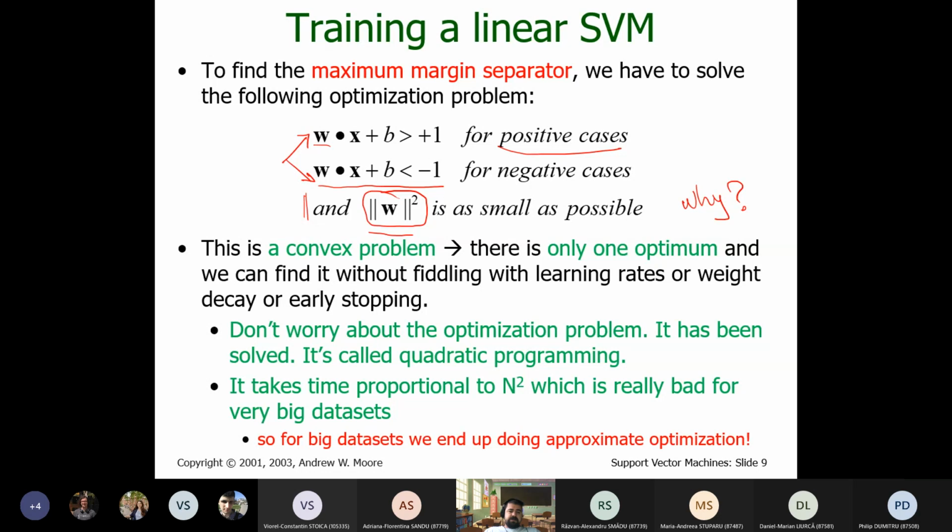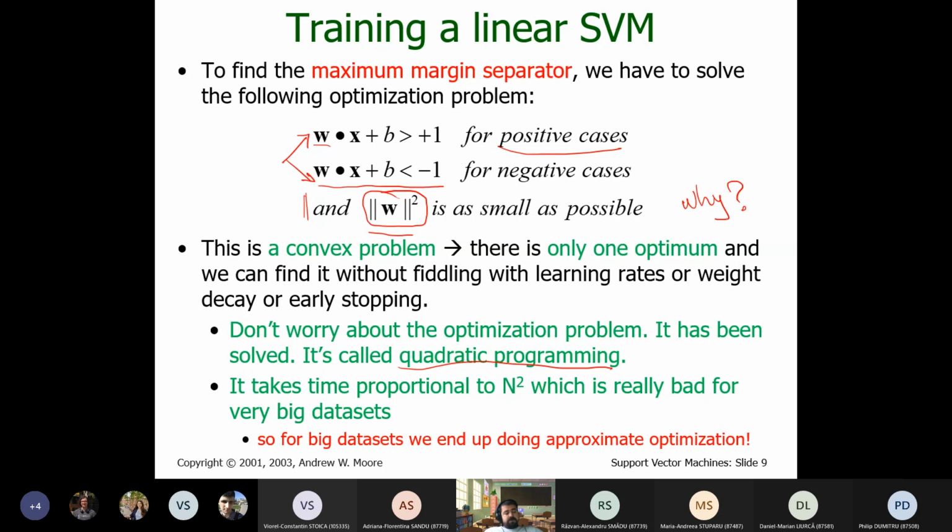Fortunately, this is a convex problem, which means that there is only one optimum. And fortunately, we can solve it without learning rates or weight decay or early stopping or other means that are used in neural networks, with the help of an optimization program called quadratic programming, which has a complexity of n squared, where n is the number of training points.